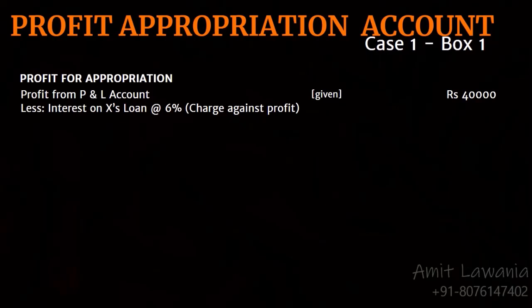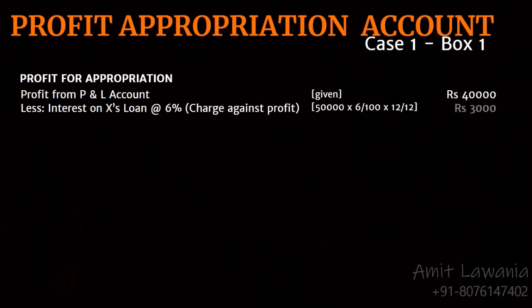Since there is nothing given regarding the interest on loan, we will apply interest at a rate of 6% per annum, which is as per the Indian Partnership Act 1932. The question also mentions that the loan was given at the start of the year, so interest will be payable for all 12 months.